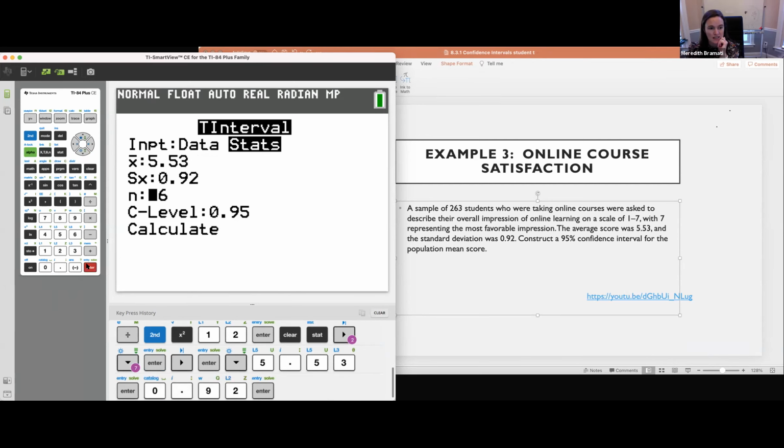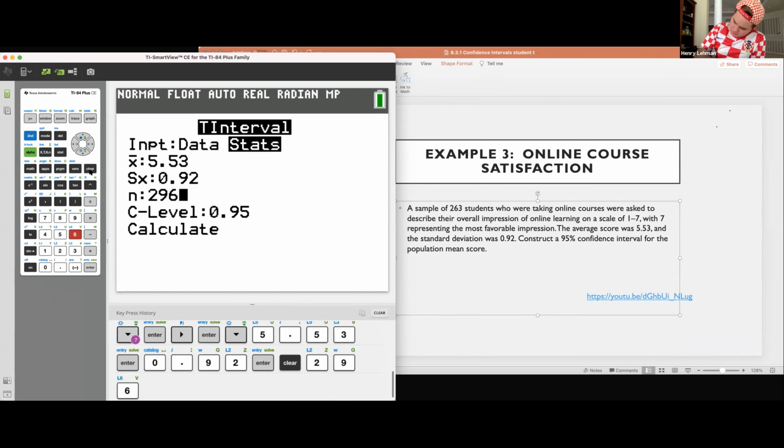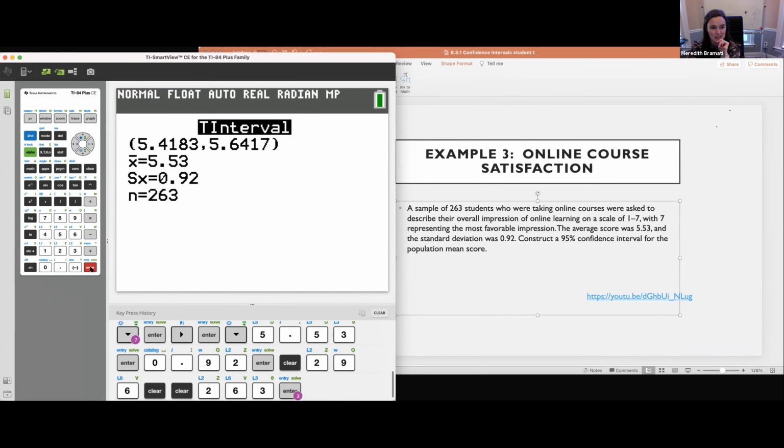And what is our N? Sample size 263. And we already have our 95% confidence interval there. Yep, calculate. Is that what we just found?